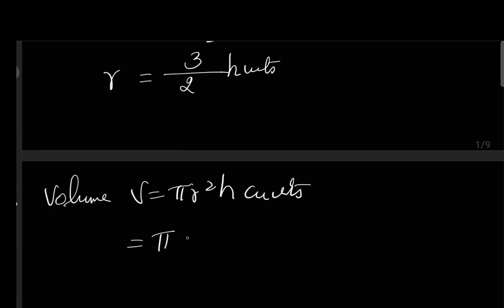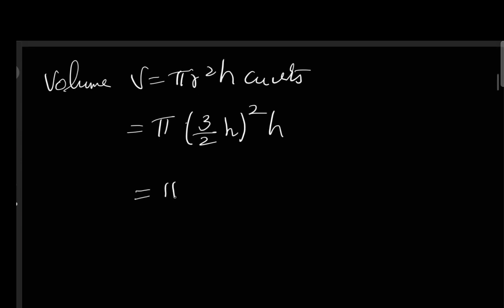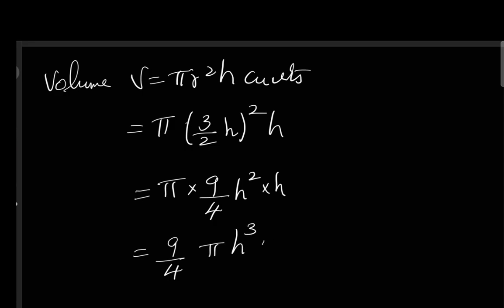Keep pi as it is. R is 3 by 2 h, the whole squared, into h, that is pi into 9 by 4 h squared into h, that is 9 by 4 pi h cube cubic units.